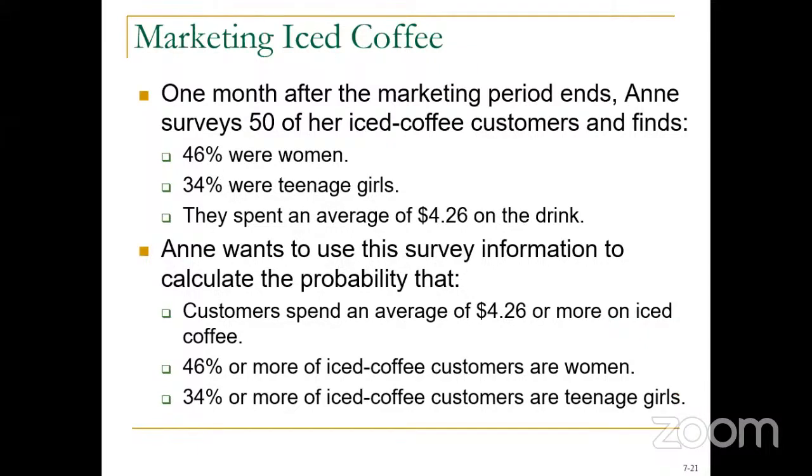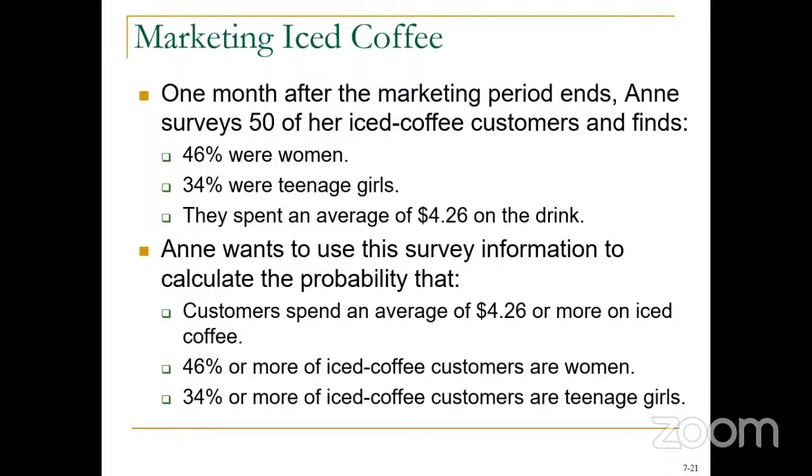So in the first part of this question, our motive is to determine the probability which the manager is looking for, that the customer spends an average of 4.26 or more, right?